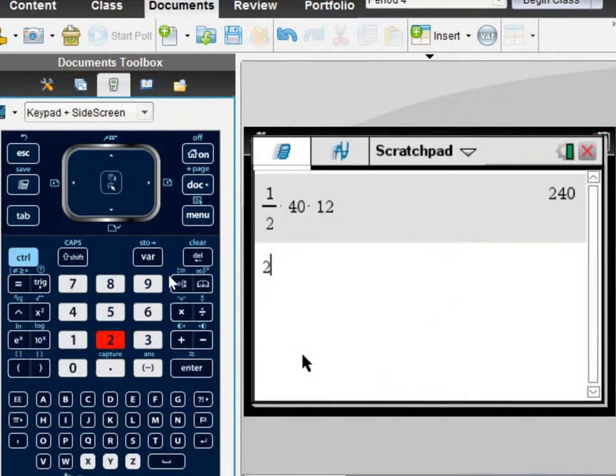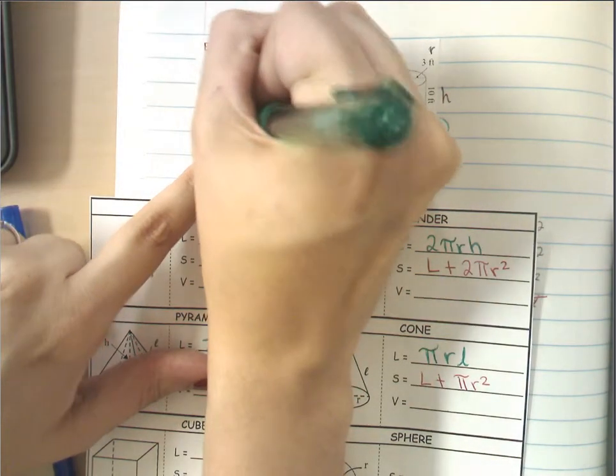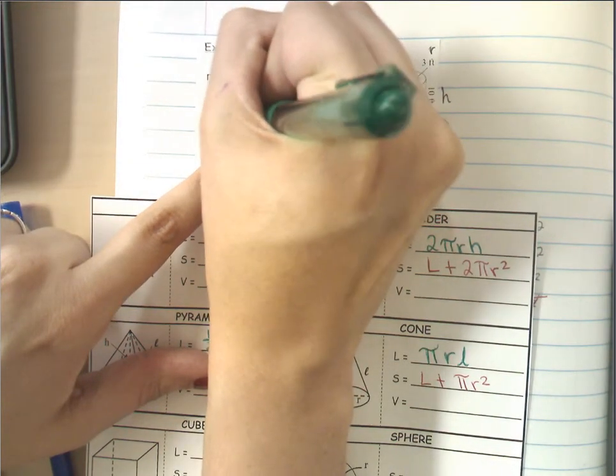Notice I did not type the pi, so my answer is 60 pi. Did not type the pi, so I have to keep the pi in the answer. So 60 pi, and then feet.